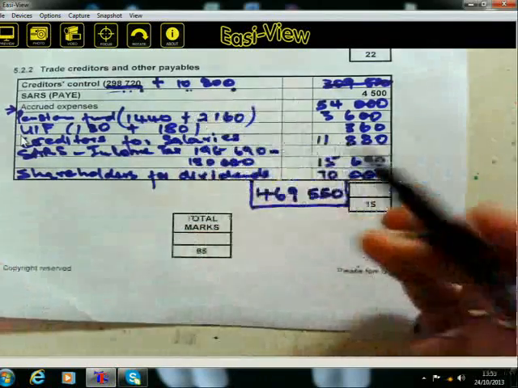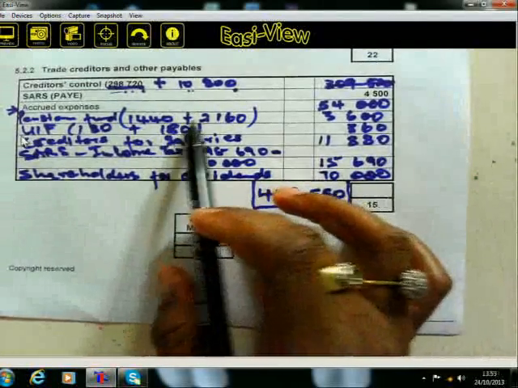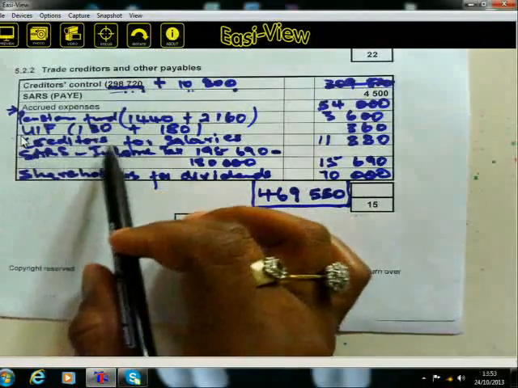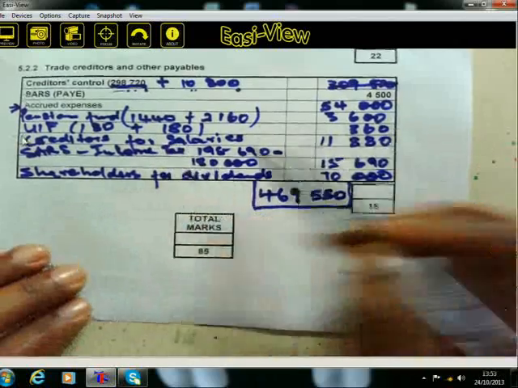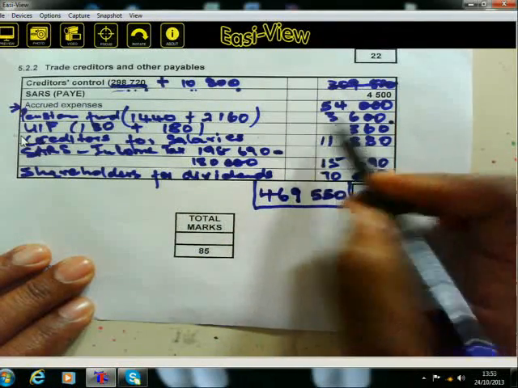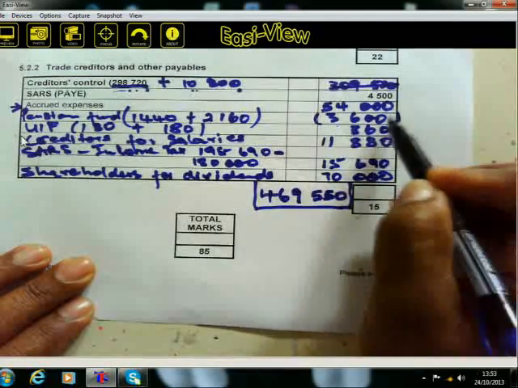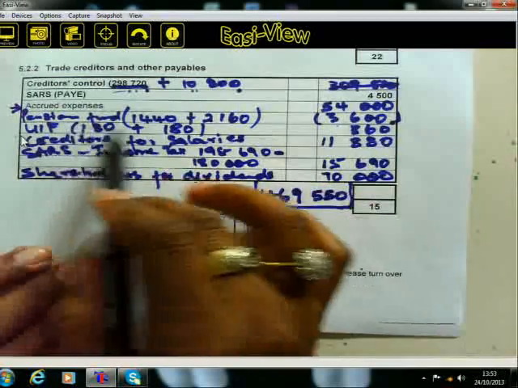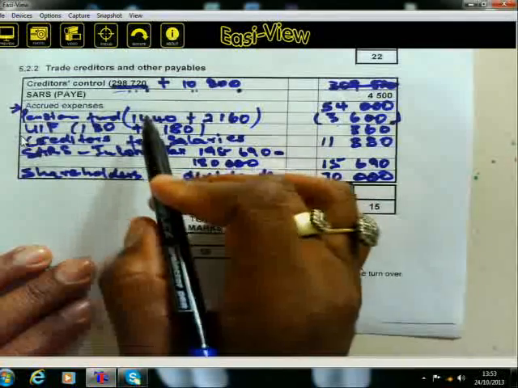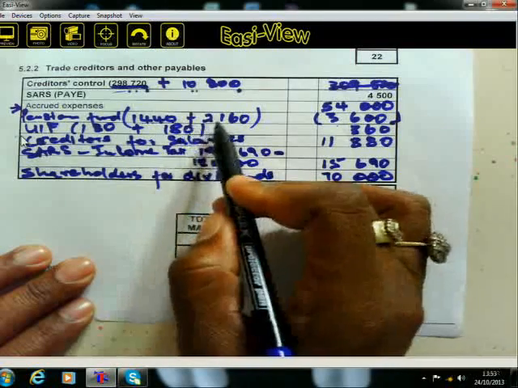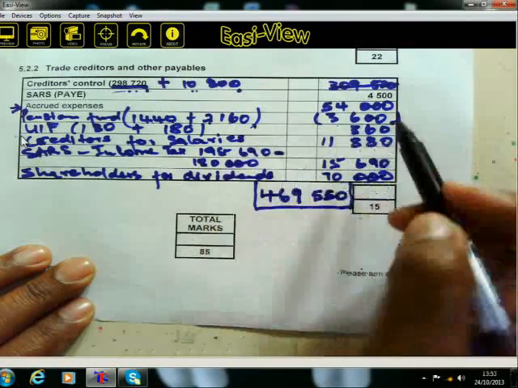It's important to show the workings, because you cannot just say under the trade and other payables in your balance sheet 3,600, because you are risking it if you indicate the 3,600. What you'll have to do, you need to show, even though we have worked it out, plus 1,440 plus 2,160.